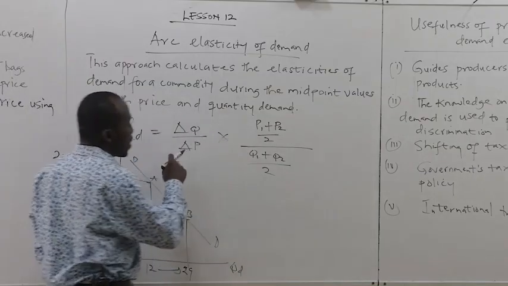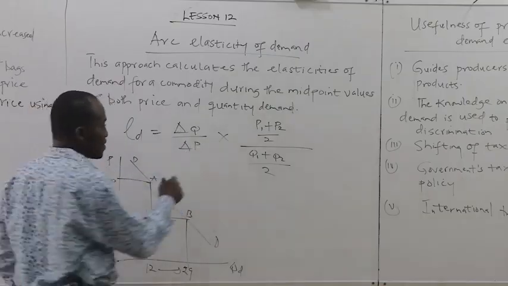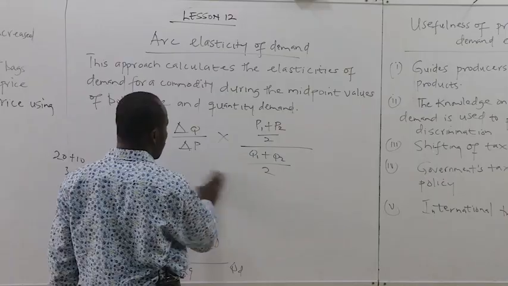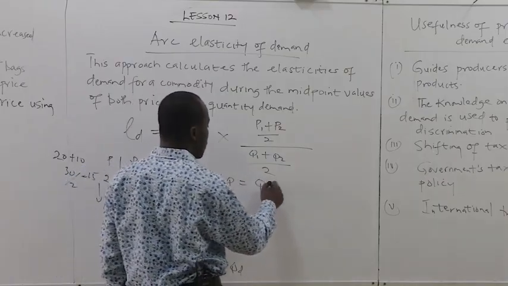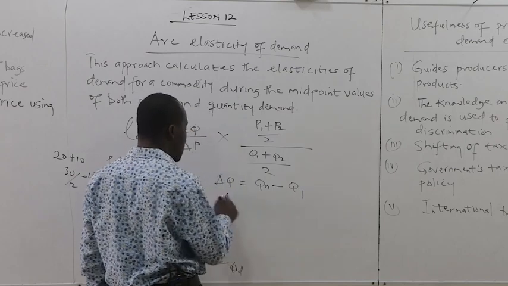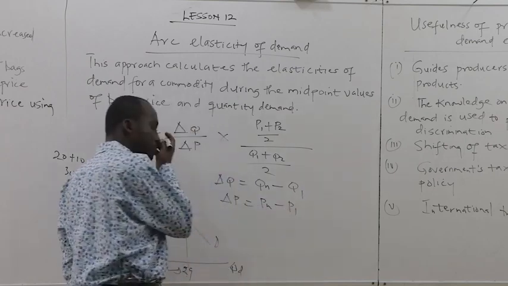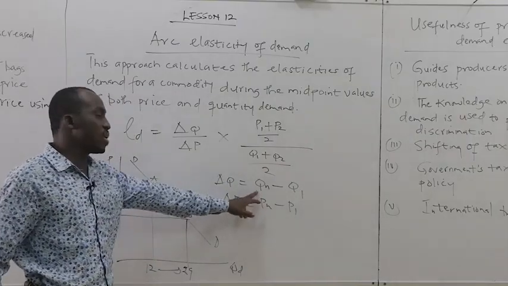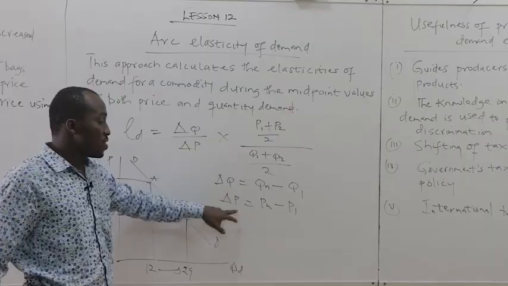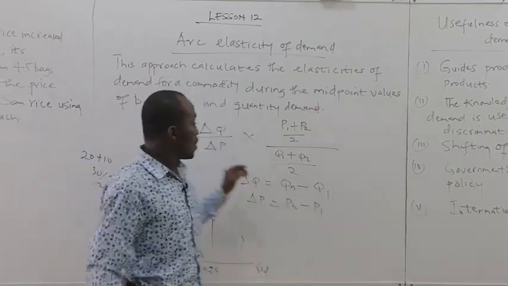So you see that here it is going to be a change in quantity over change in price. What's the change in quantity here? The change in quantity, as you know already, is the new quantity minus the initial quantity. The change in price is the new price minus the initial price.